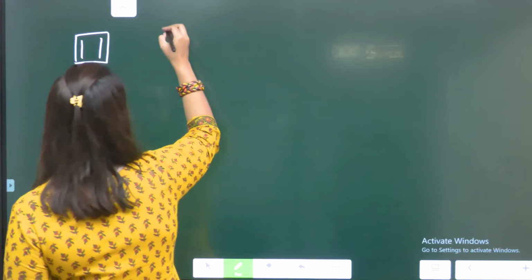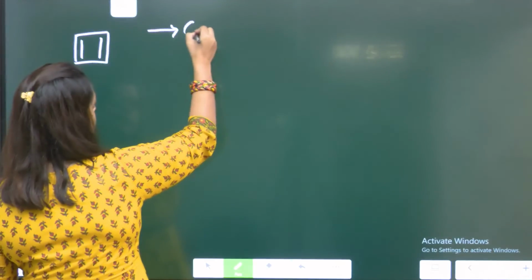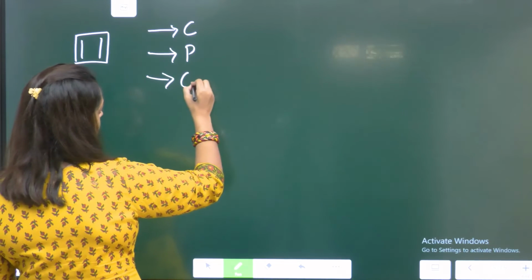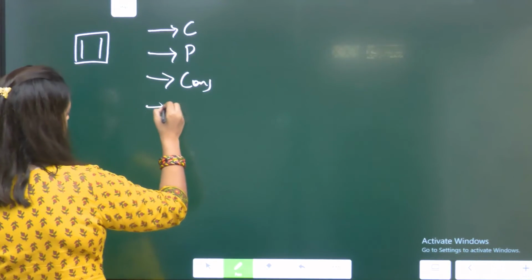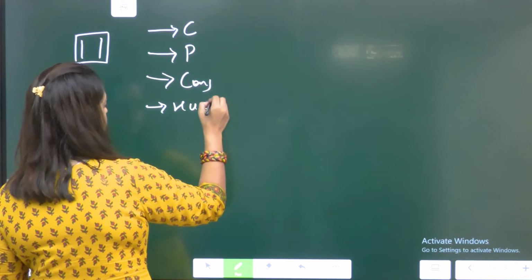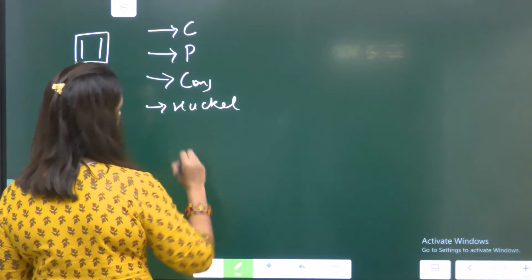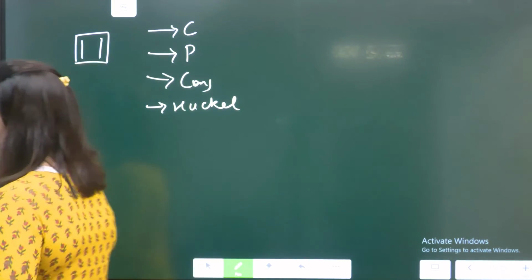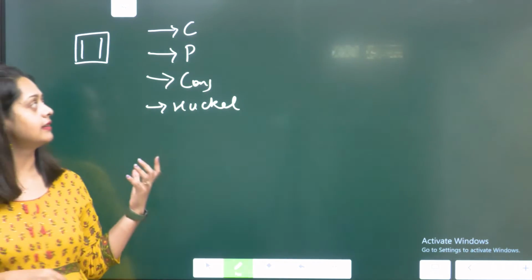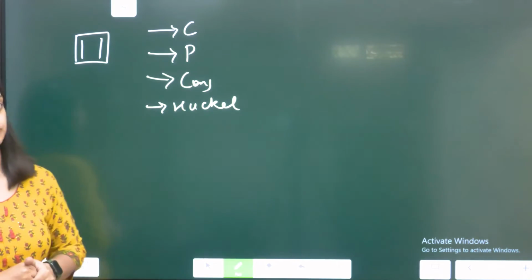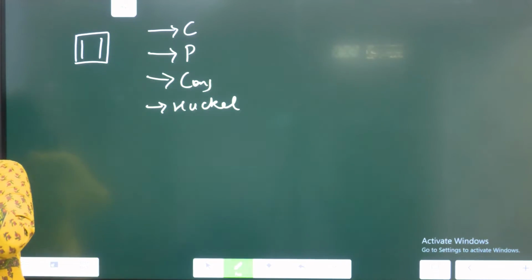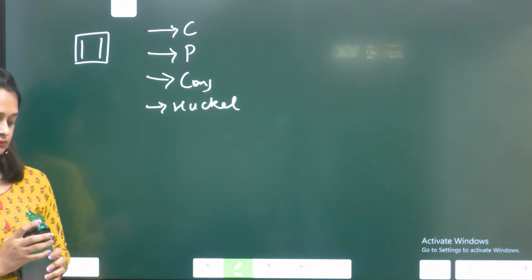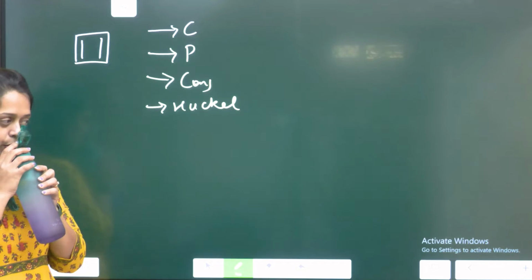You have 4 rules, 4C basically: cyclic, planar, conjugated and Huckel's rule. Does it follow all 4 of them, which makes it aromatic, or only a few of them, which makes it not aromatic? Ma'am, it doesn't follow Huckel's rule.